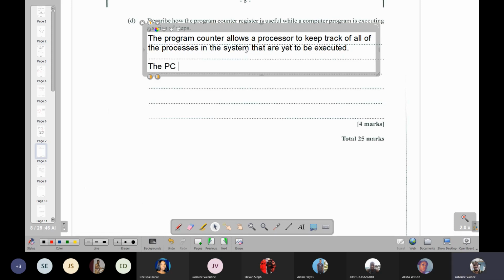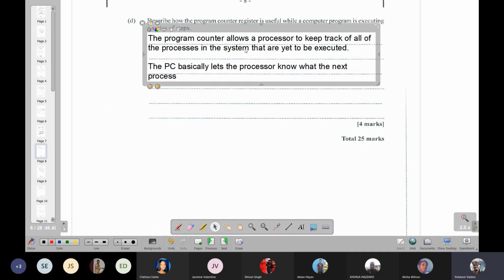The program counter basically lets the processor know what the next process to be executed is. So it keeps track of all of your instructions to be executed in a computer system. Long and short, that's what it does. Okay?